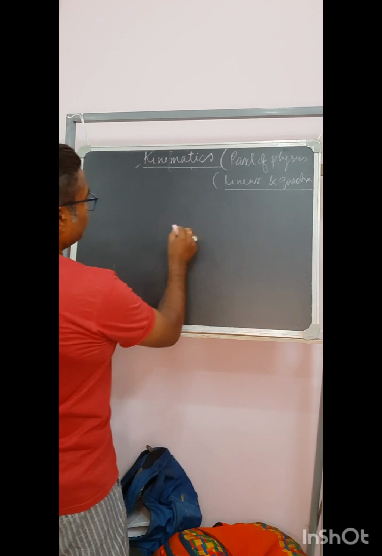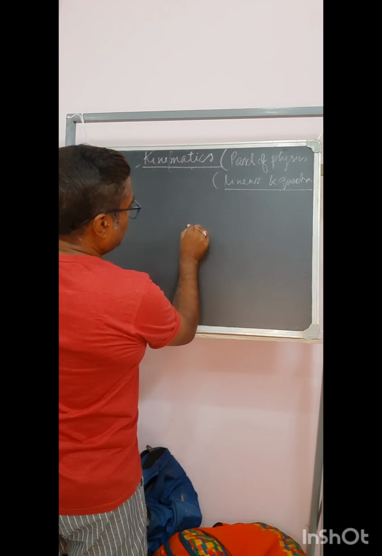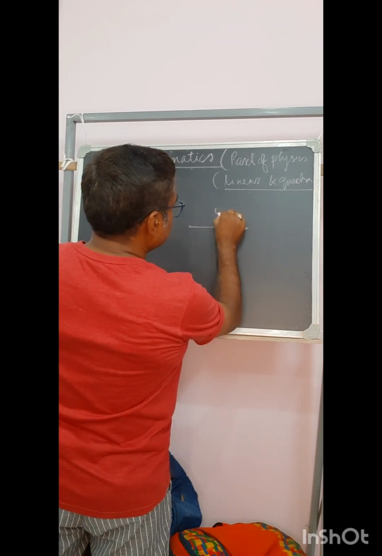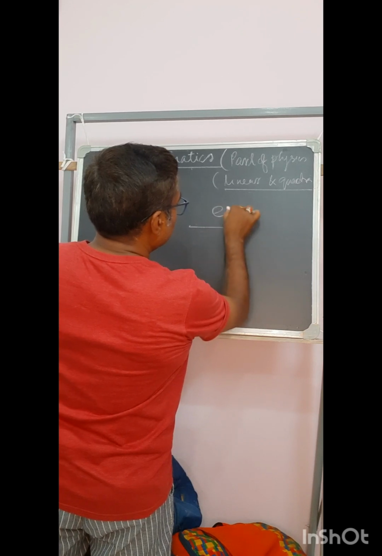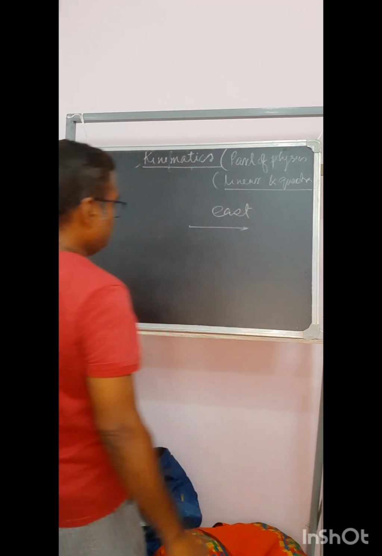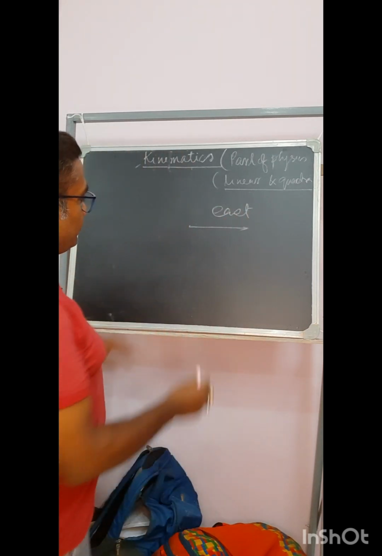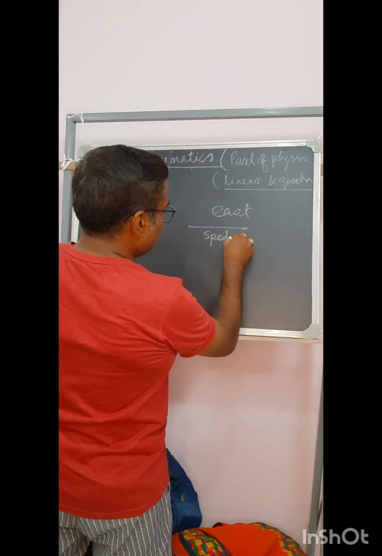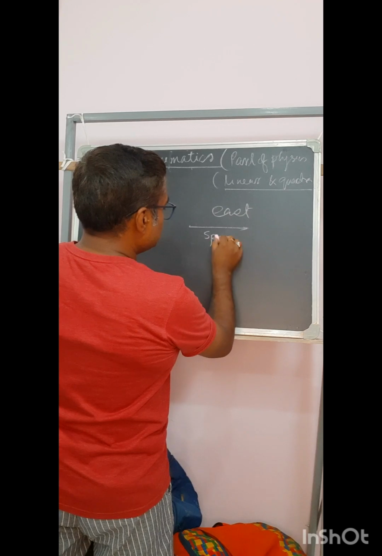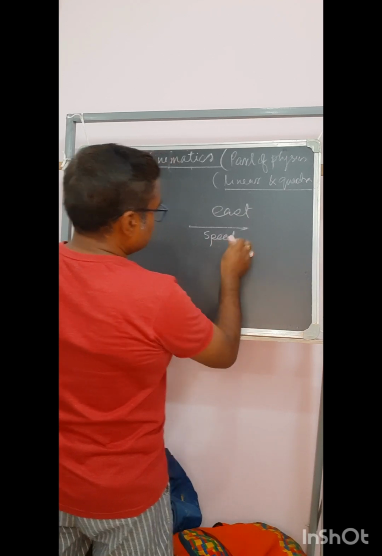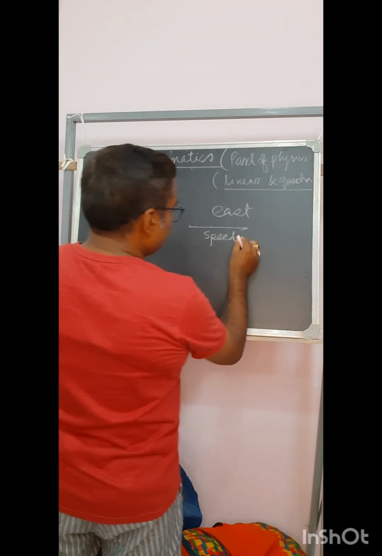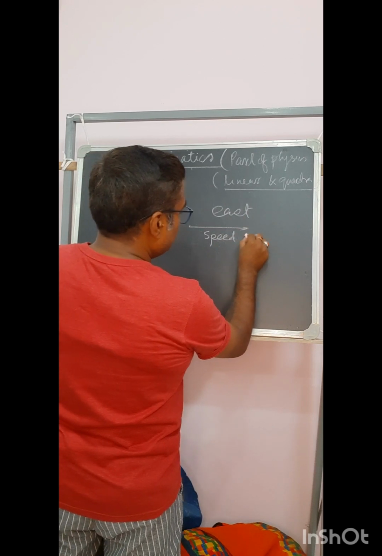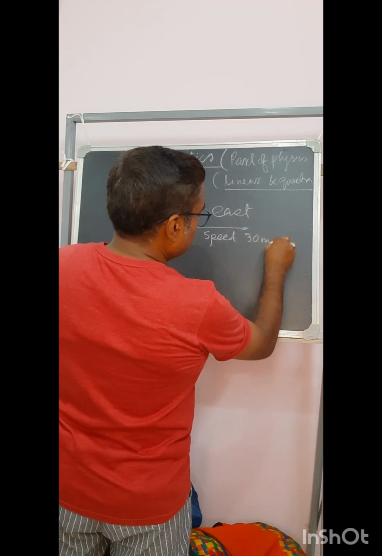If I say the car is moving towards east with a speed, let's say, I'm now considering speed as the term, because I'm going from scalar to vector, so I will slowly come to that, with speed 30 meter per second.